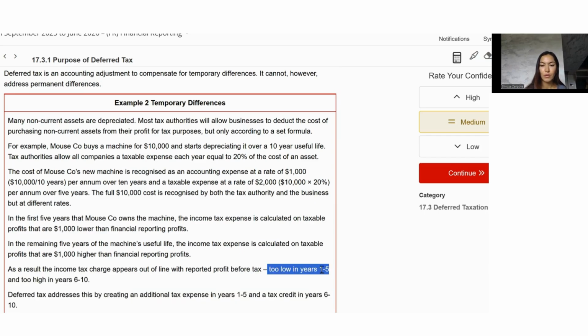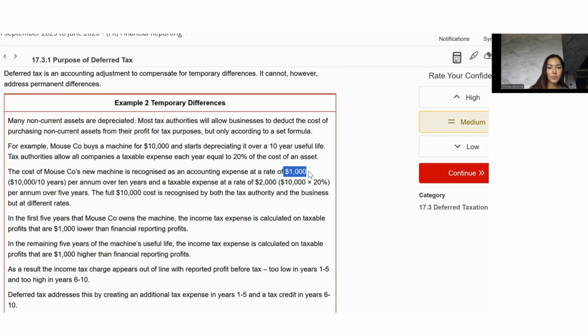In these years you have less income tax. In these years you have more income tax. But in your accounting, nothing changed. You are charging only 1,000. That's why you have this deferred tax for these differences.